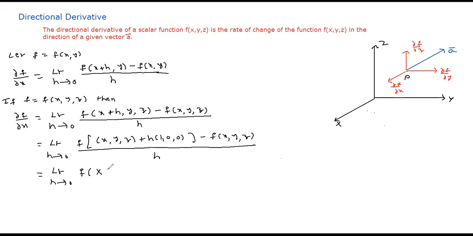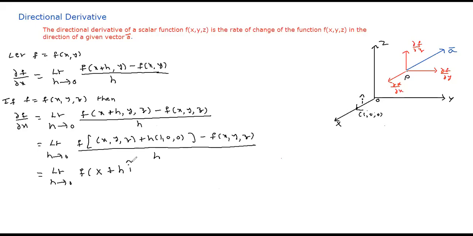So f of X plus h into (1, 0, 0), how can I write this? Any idea? Can you identify this (1, 0, 0)? This is origin. What is (1, 0, 0)? That is nothing but i bar. Do you agree? Yes, sir.